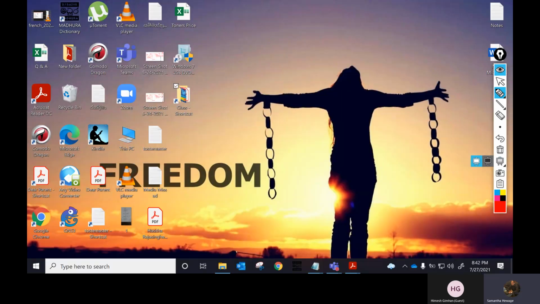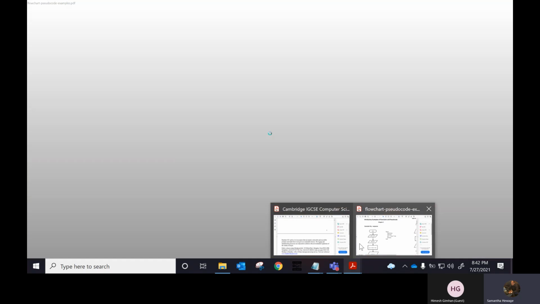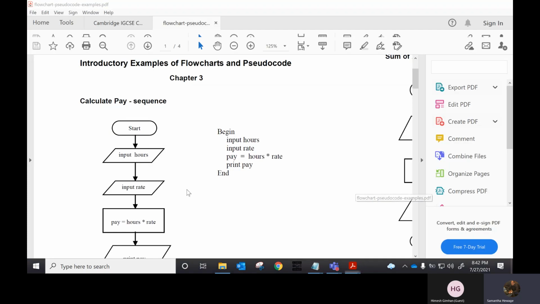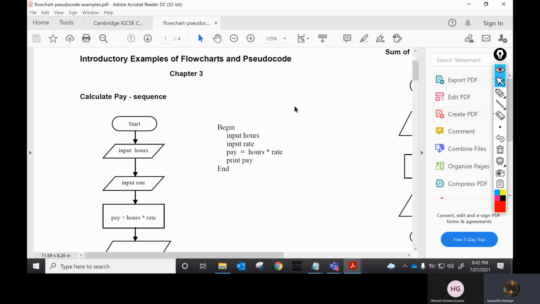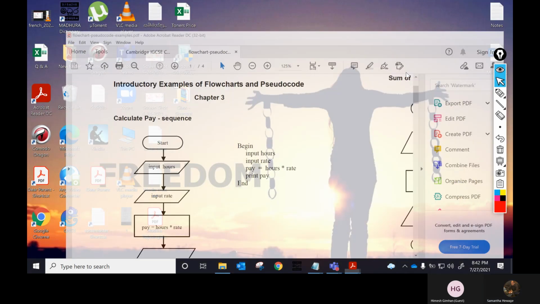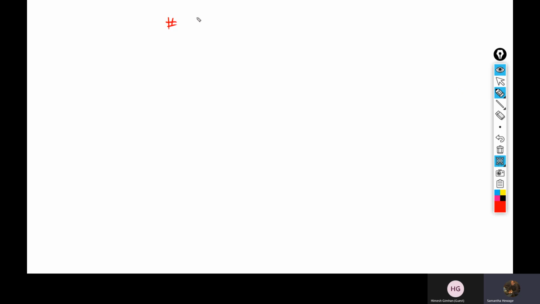Now we will draw. Can you do this quickly? Draw a flow chart for adding two numbers.